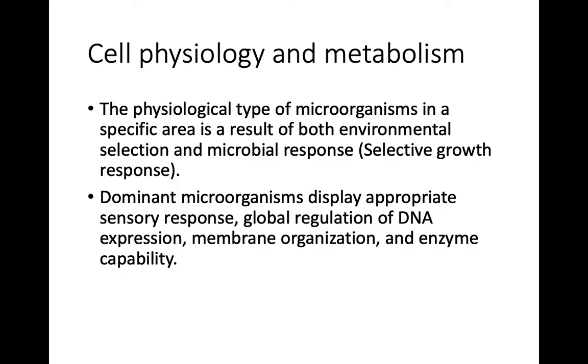Let's have the example of the microbial mat. In a microbial mat, the top layer, which is frequently exposed to sun and to running water, we expect that photosynthetic bacteria will dominate the top layer of the microbial mat because everything they need is in abundance in that location.